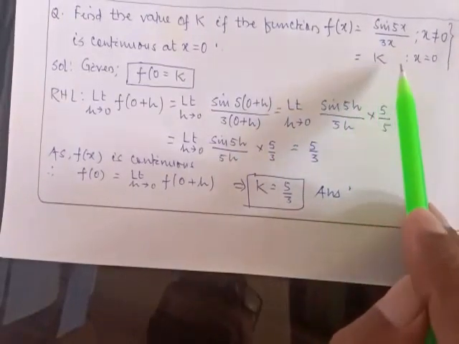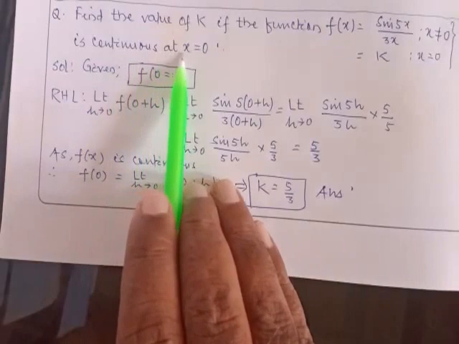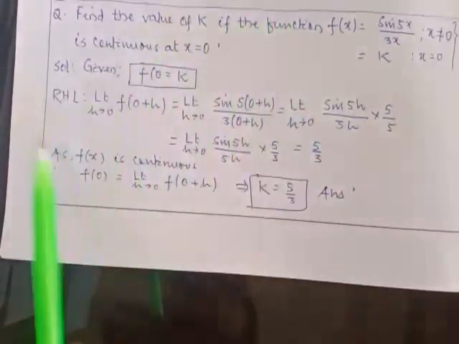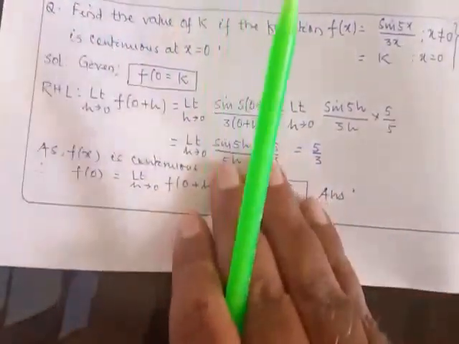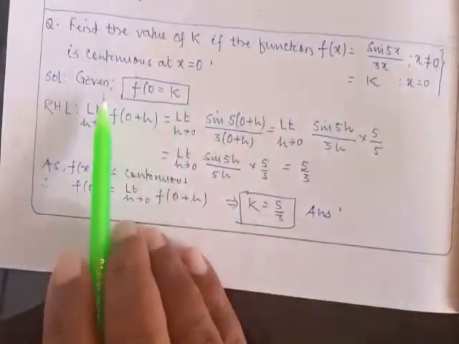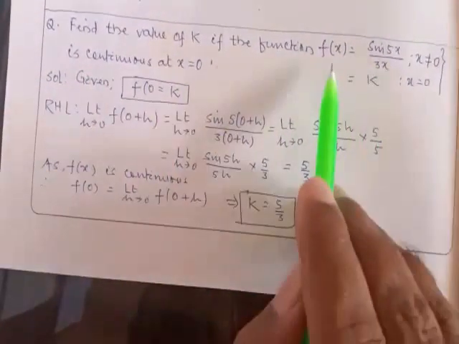I think this problem should be solved by you. So let us see what is given. Always write first which term is given. f(0): when x is equal to 0, this is k. So f(0) is equal to k.